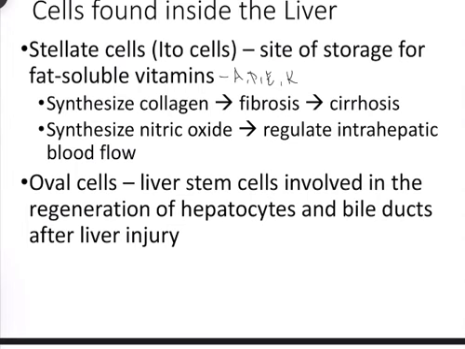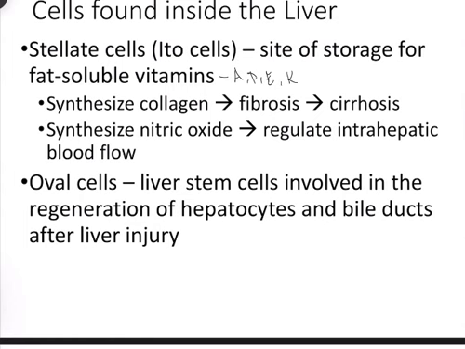Synthesis of collagen, which leads to fibrosis and cirrhosis, is mainly regulated by your stellate cells. Synthesis of nitric oxide, which regulates intrahepatic blood flow, is also a function of your stellate cells.